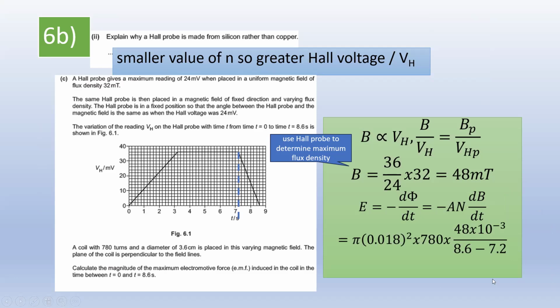Area of coil, pi r squared. Diameter, change it to radius, divided by 2. Then 780 turns. And that is your B maximum. And then the time is 8.6 minus 7.2. Calculate it out. Can?